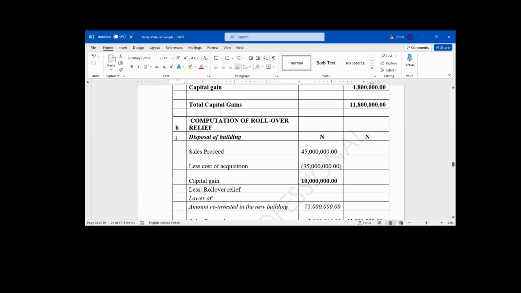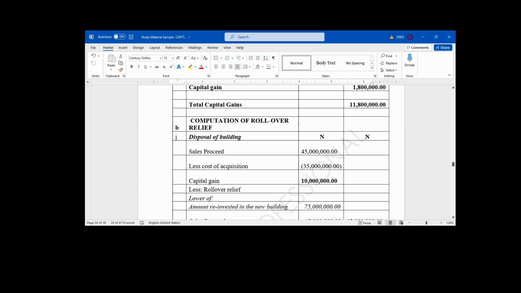Since that 2 million naira is less than the cost of acquisition, we cannot roll over any amount. You are going to pay the capital gain tax now. That is what nil rollover is trying to point out. So you don't defer any capital gain tax to a future period. You will pay it now in nil rollover. Do you understand?